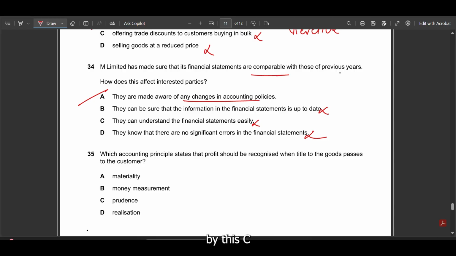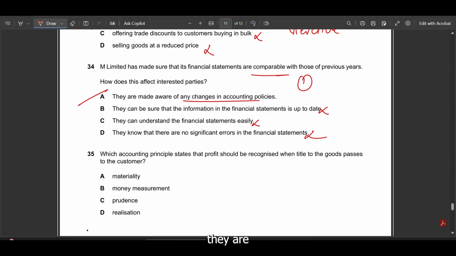So what do I mean by this? See, in year one, if there was any change in terms of depreciation, suppose they change their depreciation from SLM to reducing balance method, so they are made aware. So that's the reason I guess A is the right answer. First of all, businesses are not allowed to change, if they are following depreciation through SLM, they cannot change until and unless there is a valid reason.